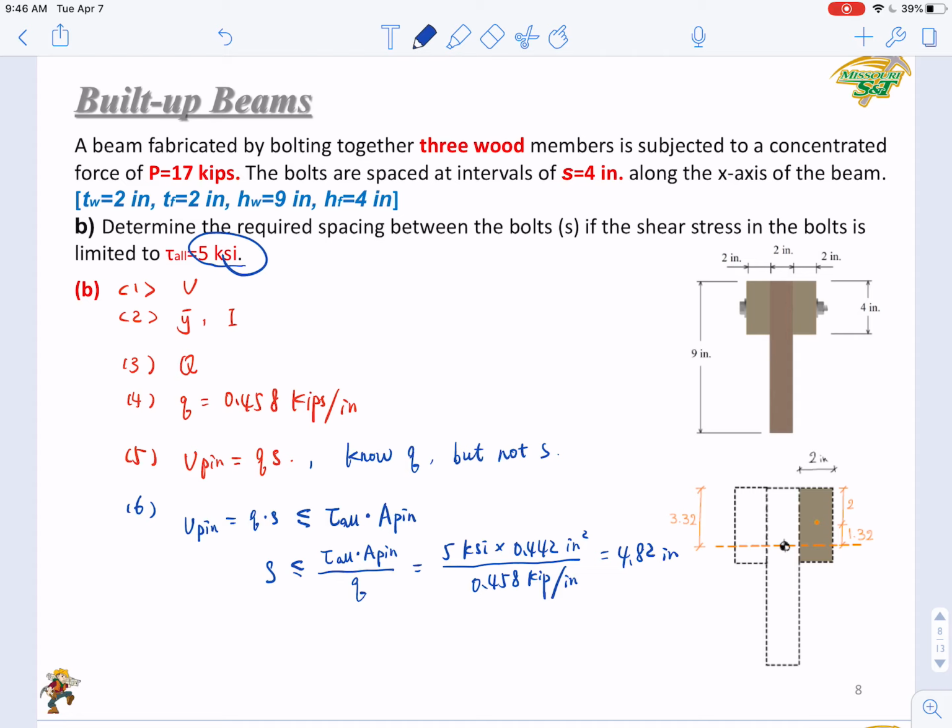So just to design this built-up beam, you just need to make sure that your space between bolts is not larger than 4.82 inch. This is the final solution.